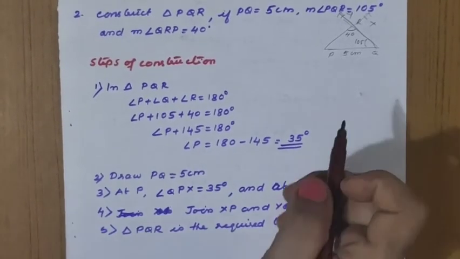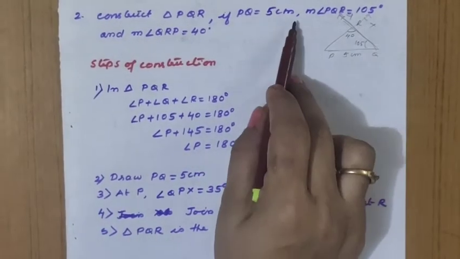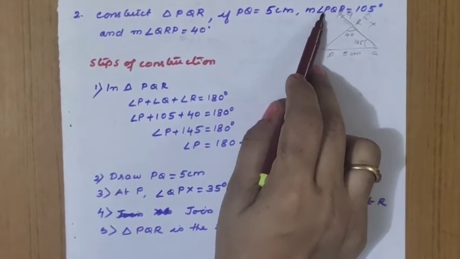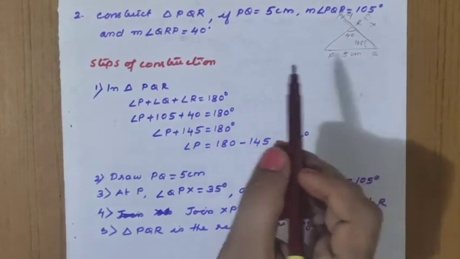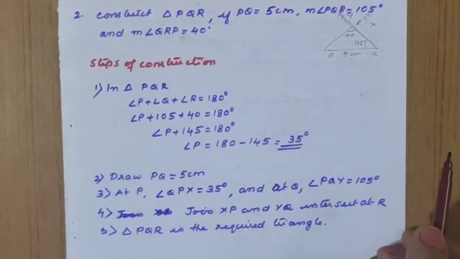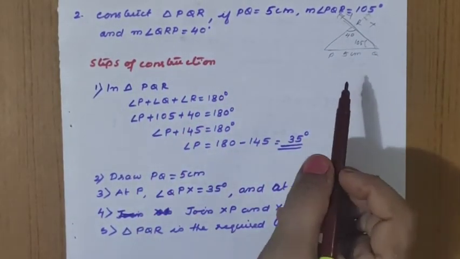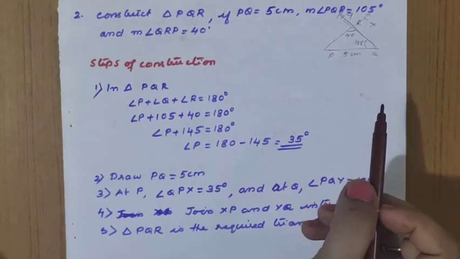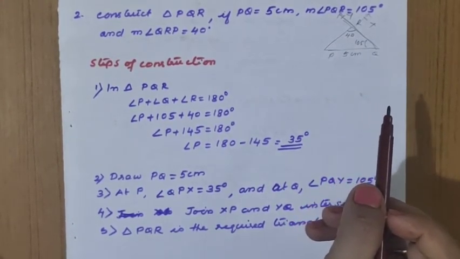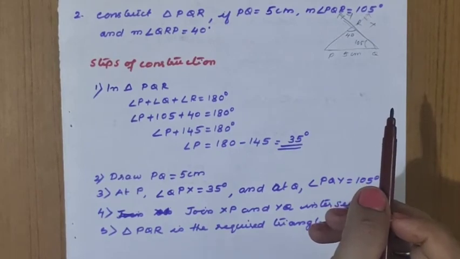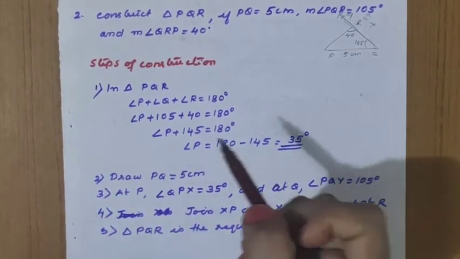Construct a triangle PQR if PQ equal to 5 cm. Angle PQR, that is measurement of angle PQR, means angle Q is given, that is 105. Angle QRP equal to 40 degree. So here we can use the 40 degree construction, we don't know. Again 105 means we can go for the angle bisectors many times, so we can use the draw method only.